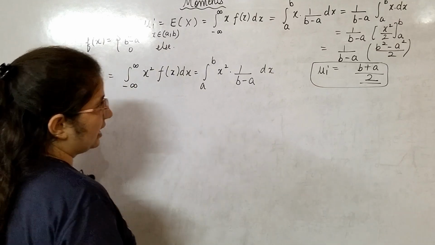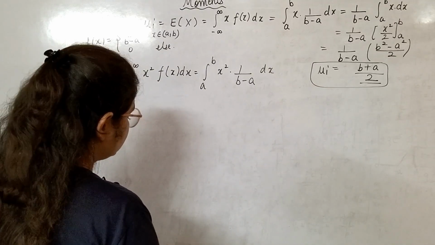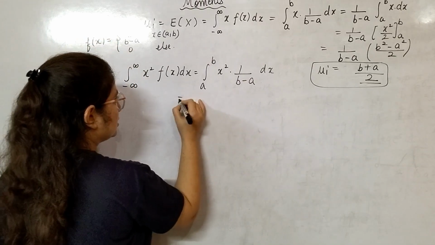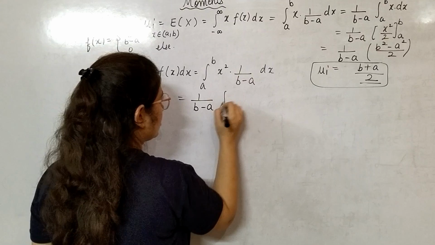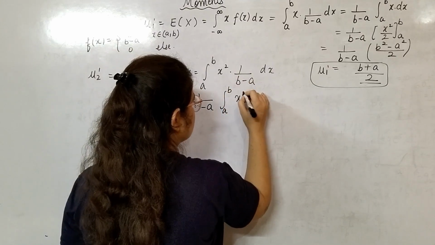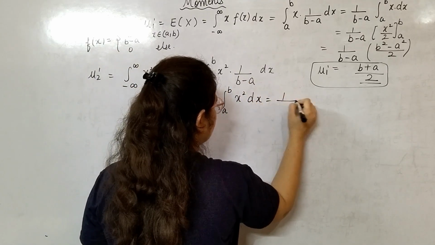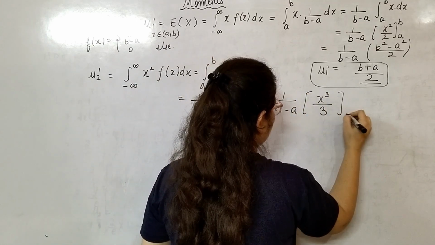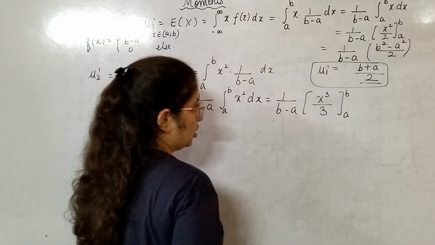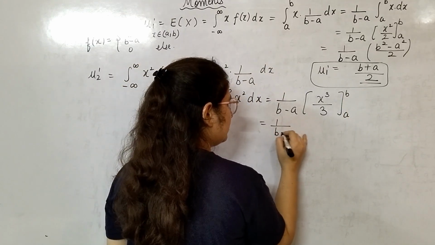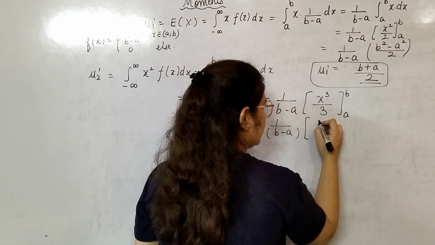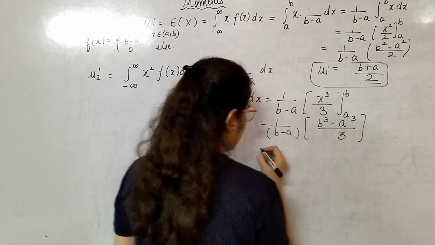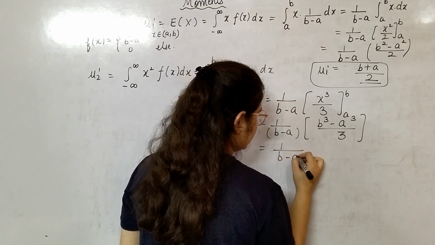When you integrate this, 1 by (b minus a) comes out because it is a constant, and the integral from a to b of x square dx is x cube by 3. So it will be 1 upon (b minus a) times (b cube minus a cube) upon 3.